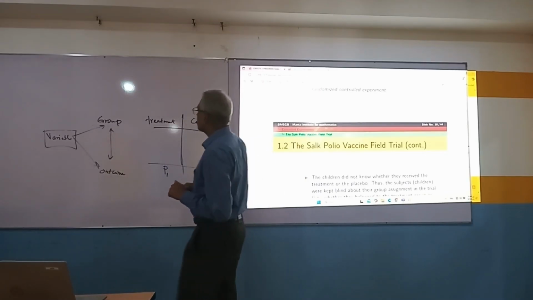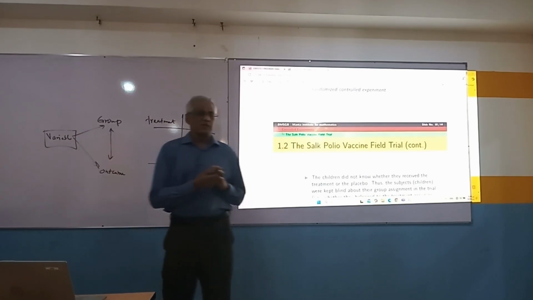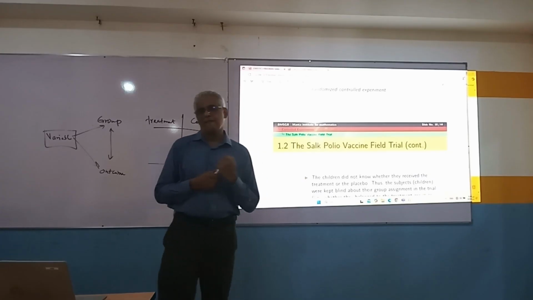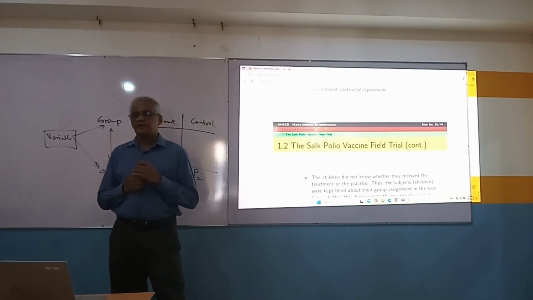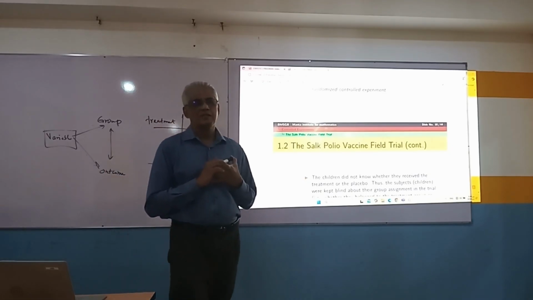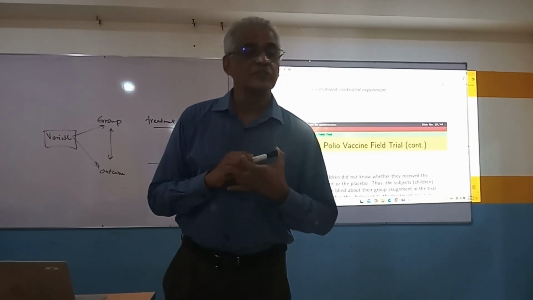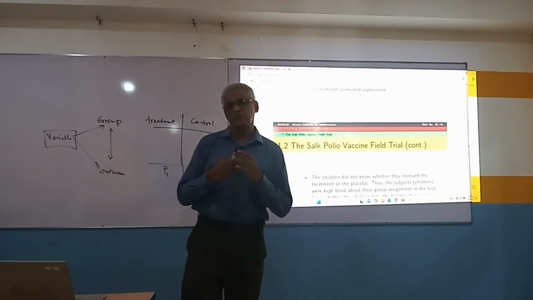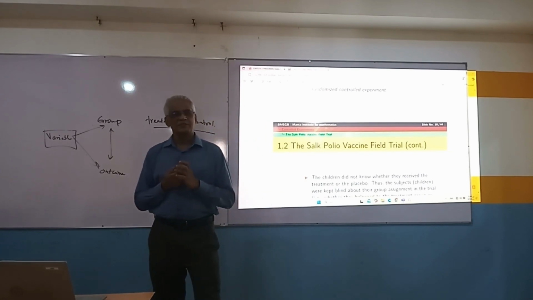But now, let's see, is age a confounding variable here? Why not? It is not associated with the group. How do you say it is not associated? They randomized the group.